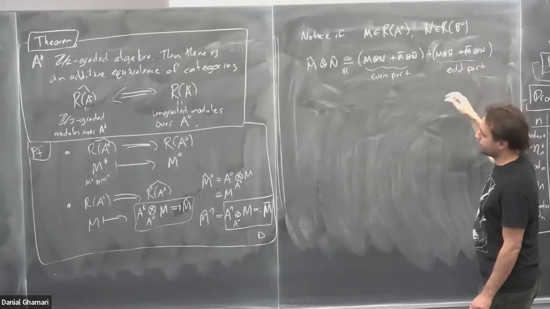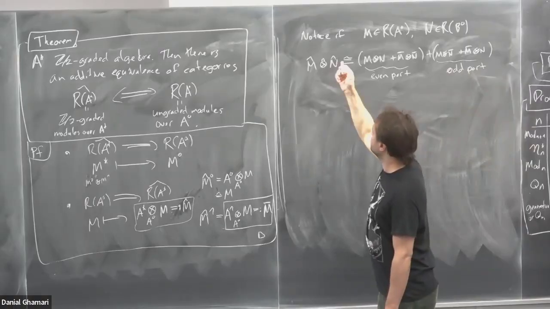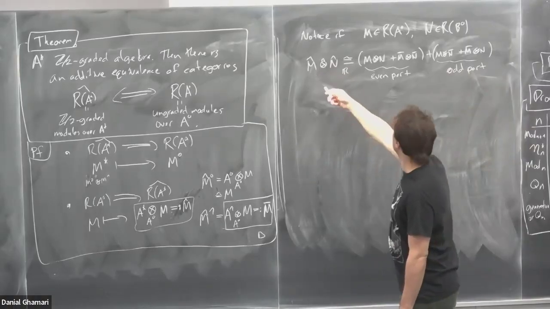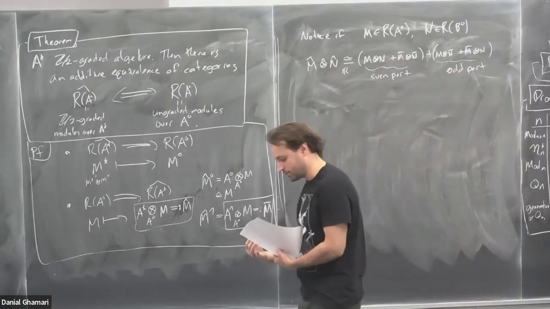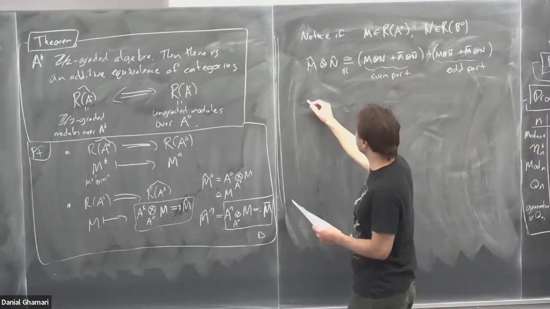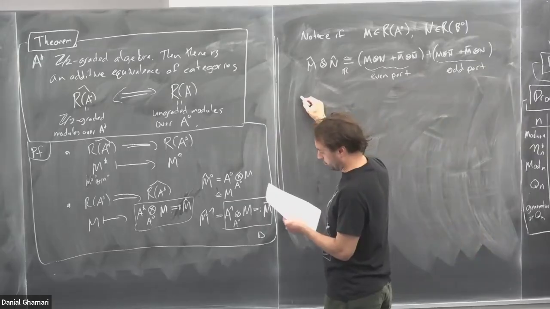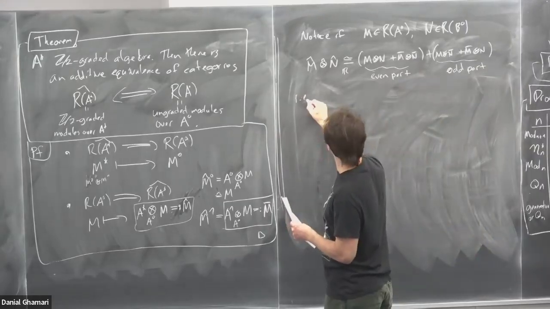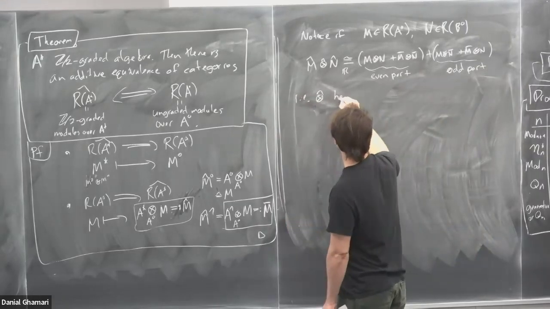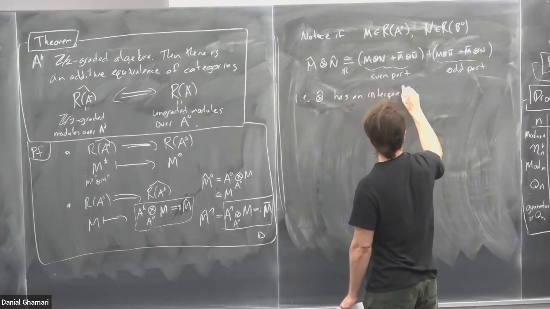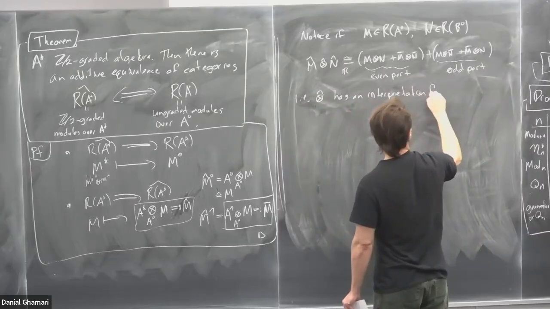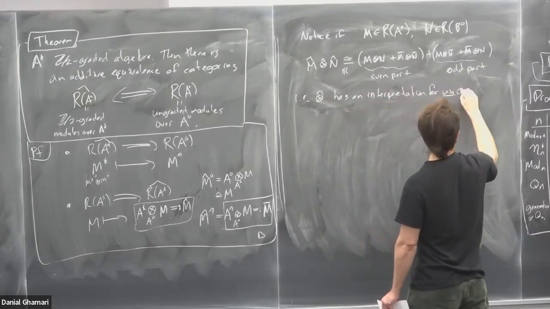So you can think about the Z2 graded tensor product, or you can think about this as kind of being the way that the product is represented on the ungraded product. So this has an interpretation: the ungraded product.